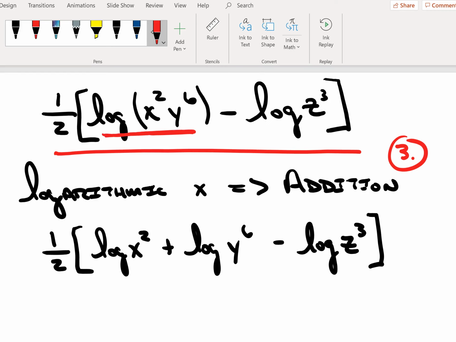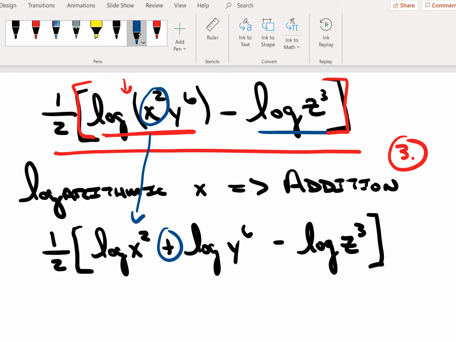And this has been separated from the one over here, so we don't have to worry about it. We can simply treat this as an isolated function. Keep in mind the 1/2 has to stay on the outside and apply to everything. And so here, we can split this up into the log of x squared plus the log of y to the 6th.